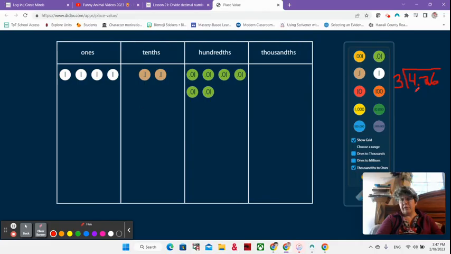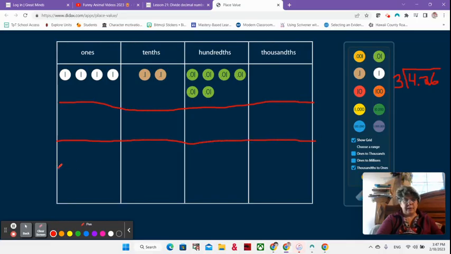We're going to start with the ones place. So we're distributing the ones, and we're dividing it by 3. So that means I need to make some sections here. You also need to make those sections on your place value chart. But now I have 3 sections: 1, 2, 3.